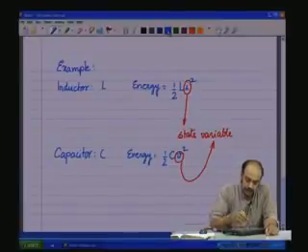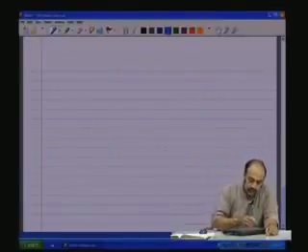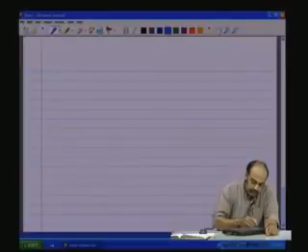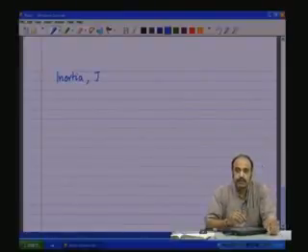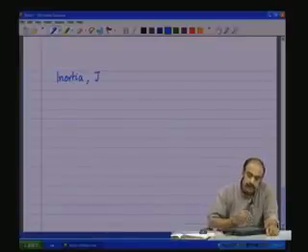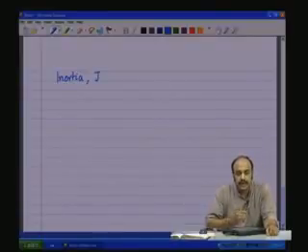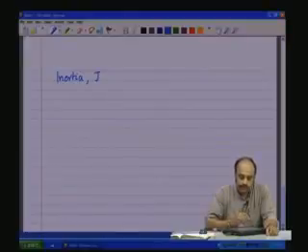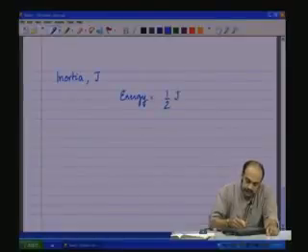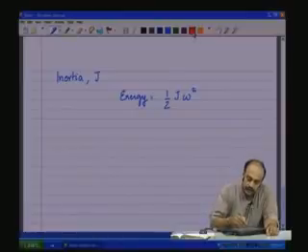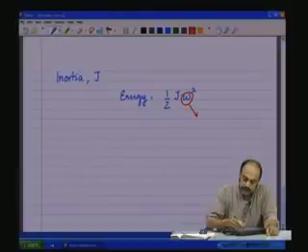Or in any other domain, if you take an inertial element J, which is being rotated by a shaft of a motor, J also stores the kinetic energy of the angular rotation, given by half J omega square, and therefore the omega, the angular speed of rotation, is a candidate for being considered as state variable.